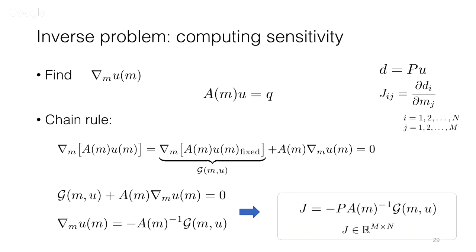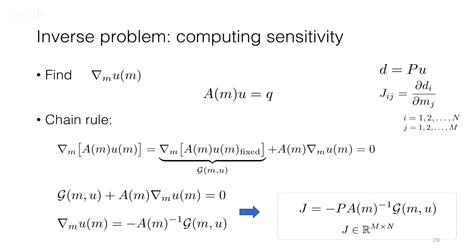Now your sensitivity, for each datum, involves a million elements. And if you've got 10,000 data, your sensitivity matrix could easily be 10,000 by a million. It just happens really quickly. So we can't store it. We need something else.